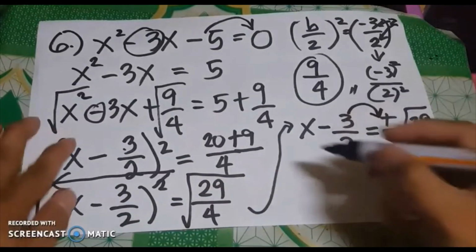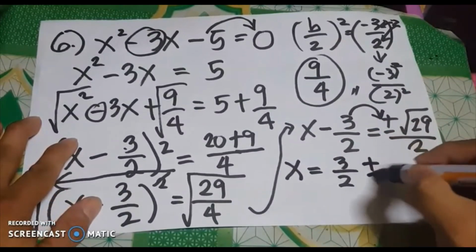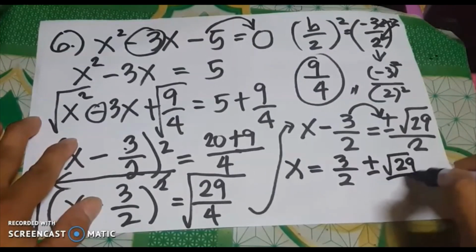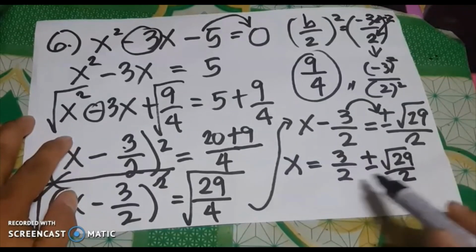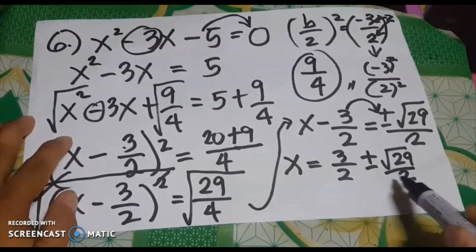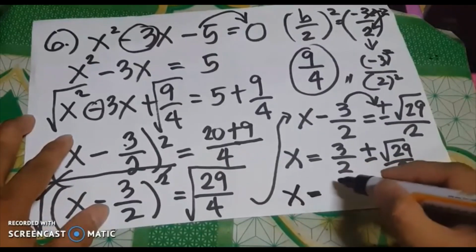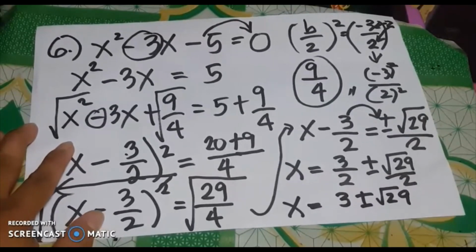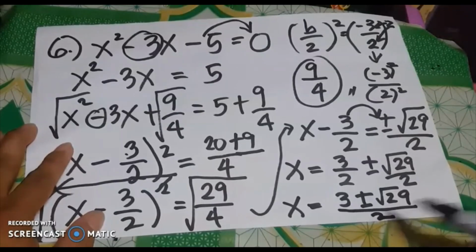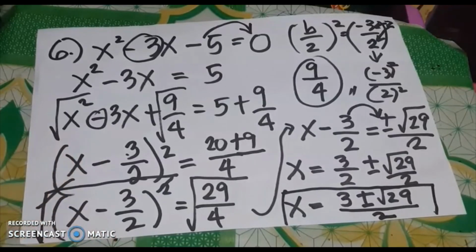So, once we move it to the right side, it will become x is equal to 3 over 2 plus or minus the square root of 29 over 2. So, since both of them are with the same denominator, o natatawag na similar fractions, pwede natin pag-isahin yung denominator niya. So, we'll come up with the final answer as x is equal to 3 plus or minus the square root of 29 all over 2. So, we'll have that as the answer for number 6.